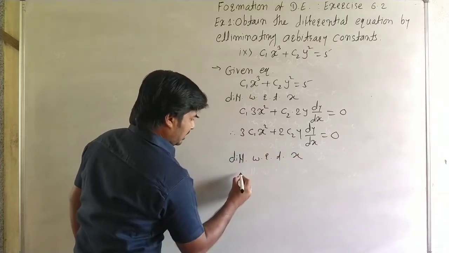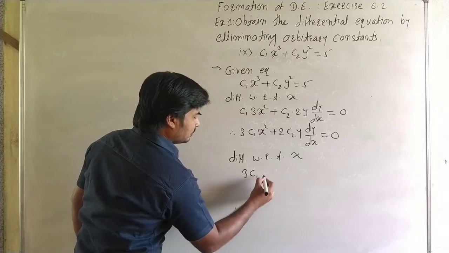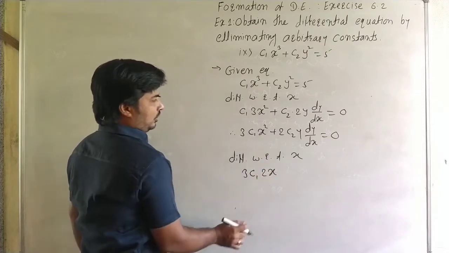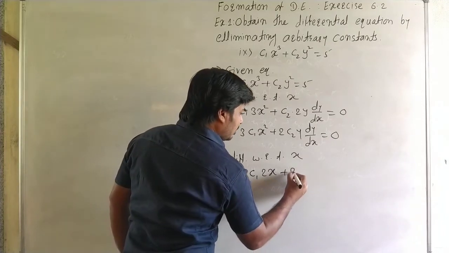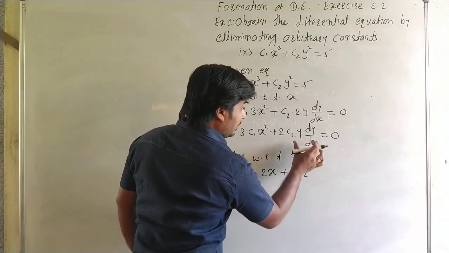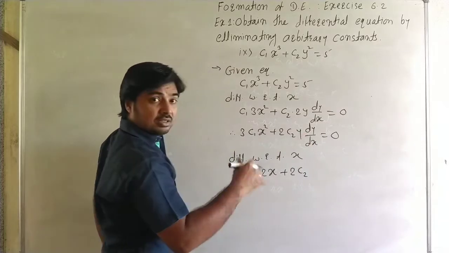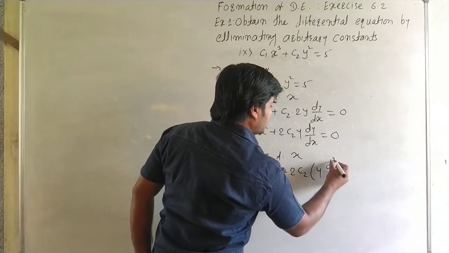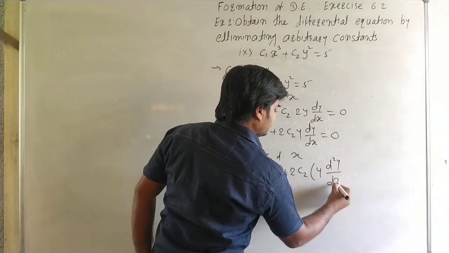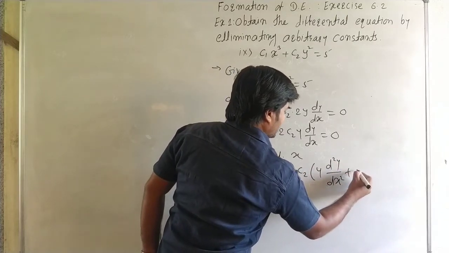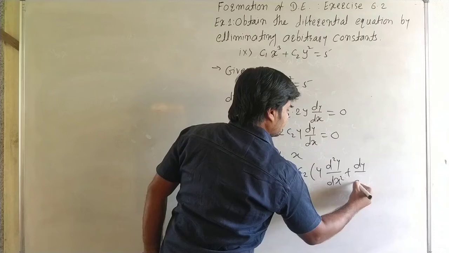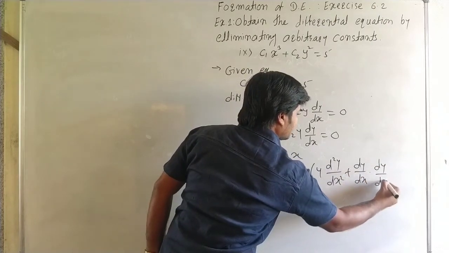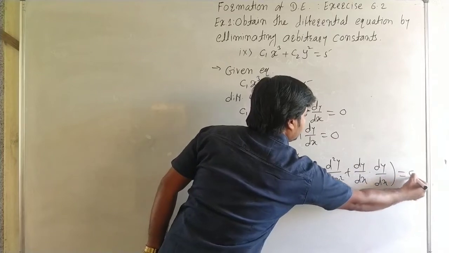Differentiate with respect to x. Here 3c1 into 2x, derivative of x square is 2x, plus 2c2 into derivative of y into dy by dx, again u into v. First as it is, derivative of the second, plus second as it is, derivative of the first, is equal to 0.